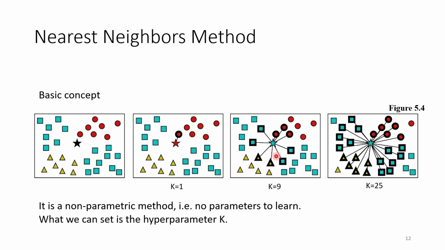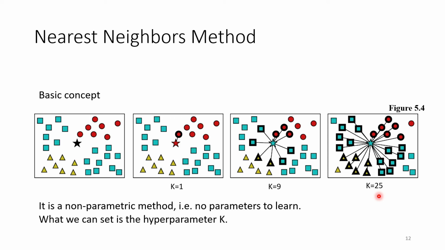However, if we set k to 9, it will find its 9 nearest neighbors, and there are more squares than triangles and circles, so it will be labeled as the class of square. If we increase k, there may be a different result.